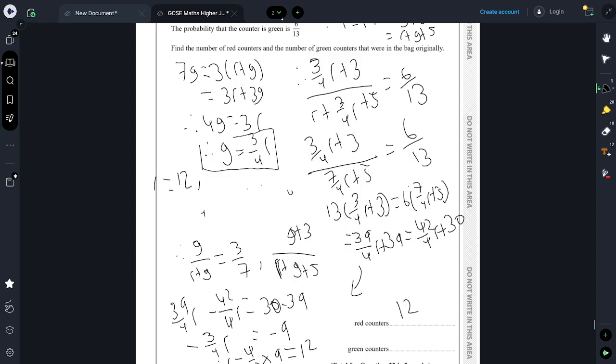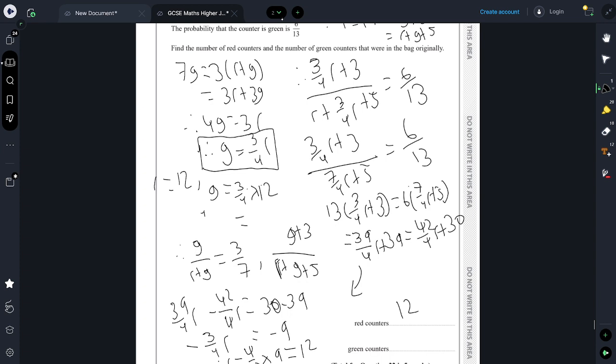So therefore we also know this. If you remember all of this, G is 3 over 4R. So that means G is 3 over 4 times 12. And so obviously, the 4 and the 12 cancel.